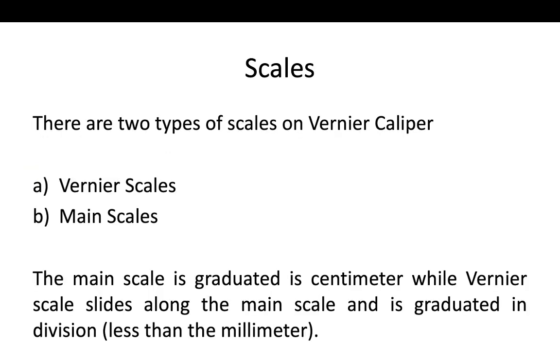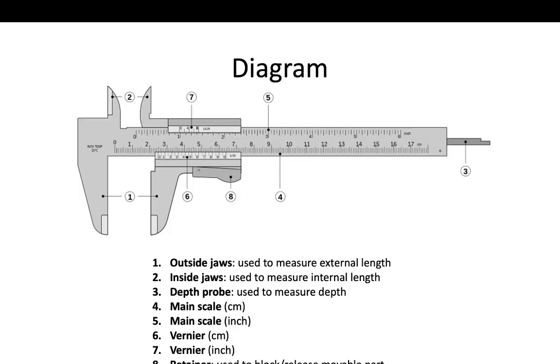Here we will talk about the scales of the Vernier caliper. There are mainly two types of scales on the Vernier caliper: the Vernier scale and the main scale. The main scale is mostly in centimeters, and the Vernier scale slides along it.